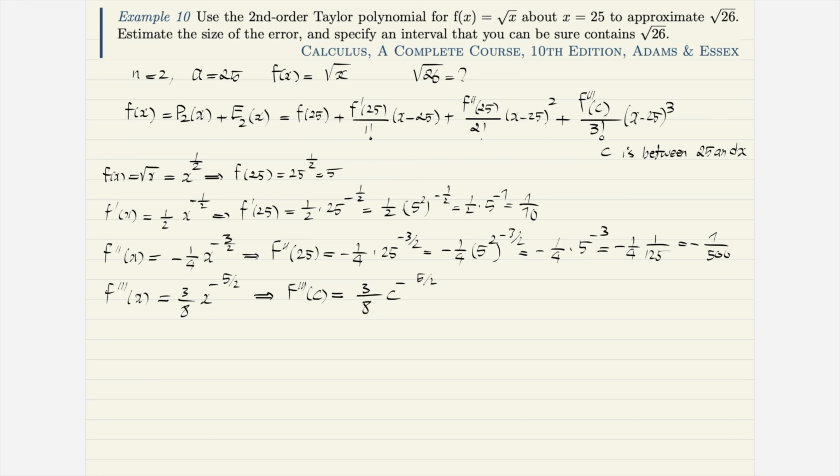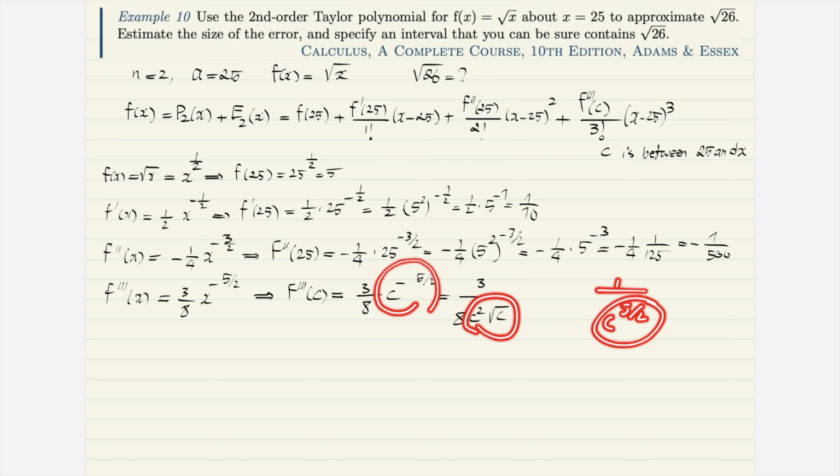I prefer to write it with a positive exponent, and of course use a square root sign. So I would write it as 3 over 8 c squared, the square root of c. Yes, because if I bring it down, it becomes 1 over c to the power 5 over 2, and c to the power 5 over 2 can be written as c squared times the square root of c.